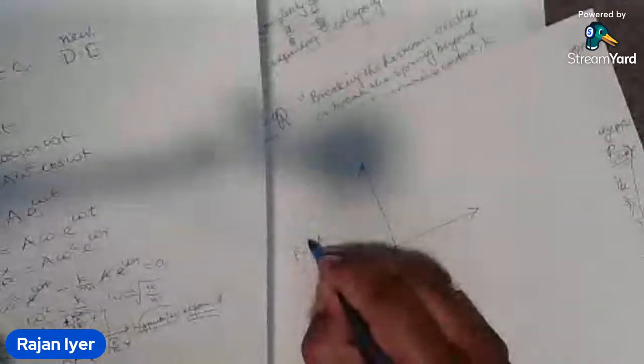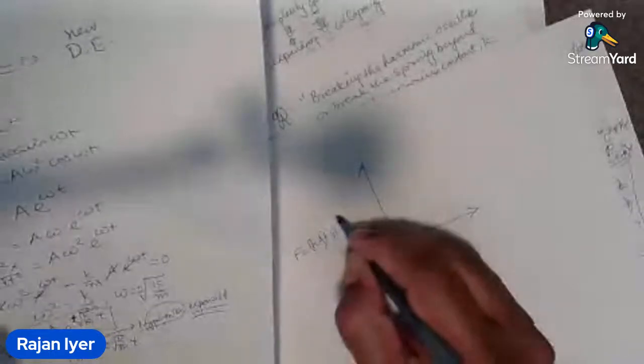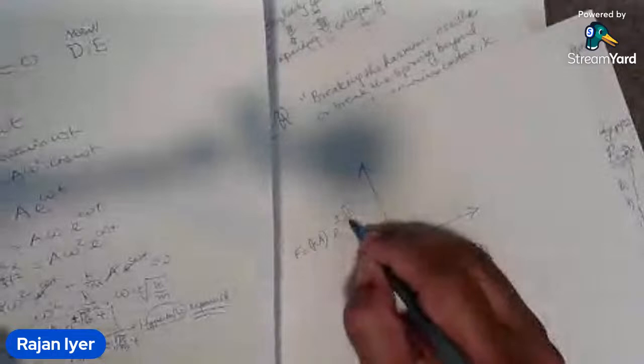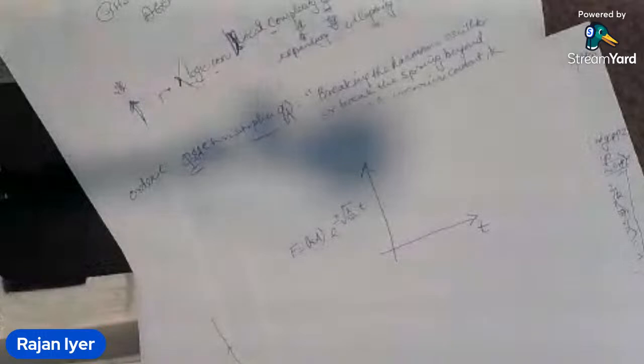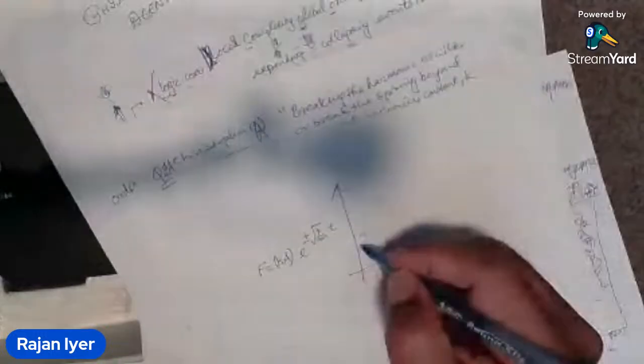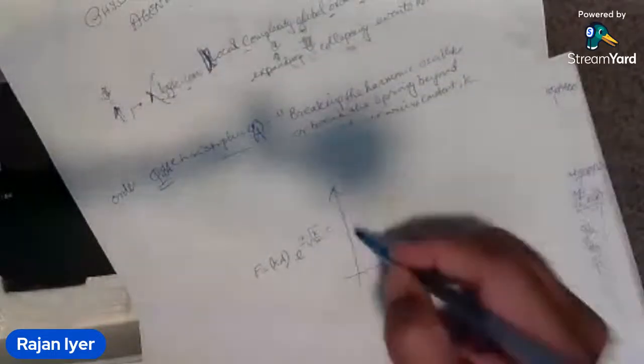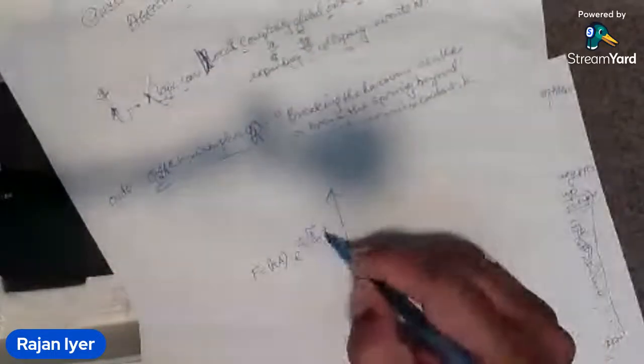So here I plot k times a, which is a constant, e power square root of k over m t. Suppose I plot it with respect to t, right? So we have exponential terms, either plus or minus. Suppose I have t equal to 0, this becomes Ka, right?